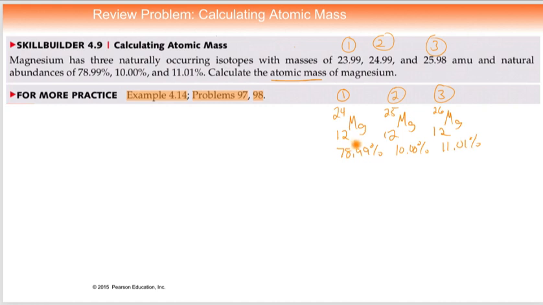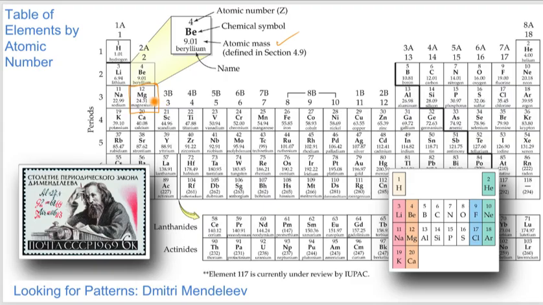That's reflected in the average atomic mass value on the periodic table, which was 24.31. All right? So basically, all of the average atomic masses here represent the most common isotope for a given element. It's not always the case, but that's the general rule of thumb that we use here.